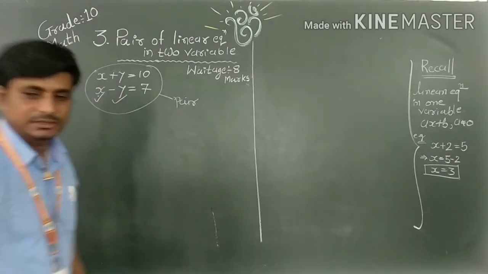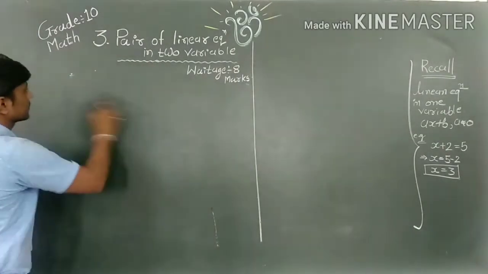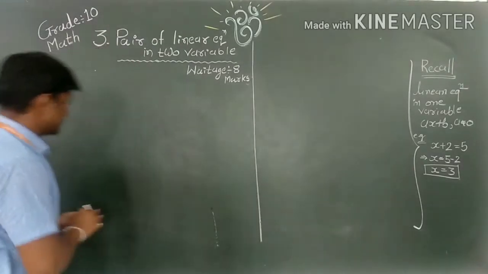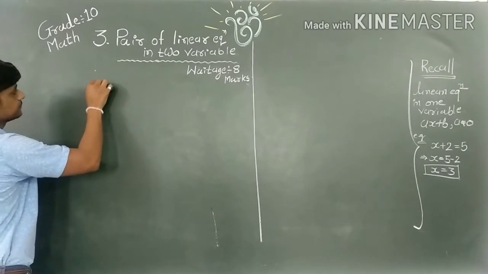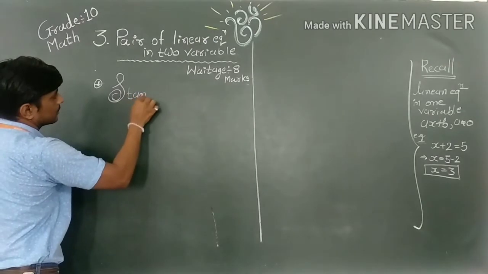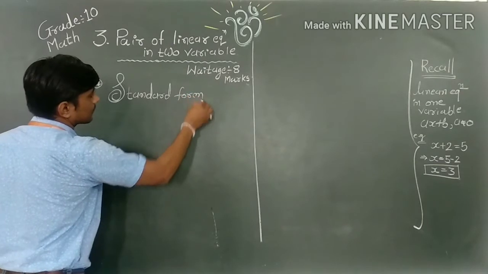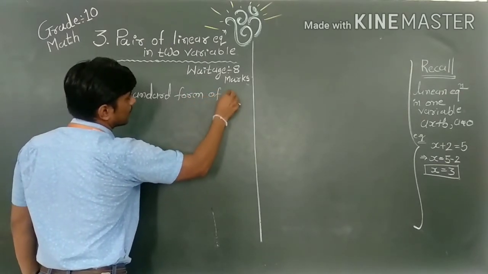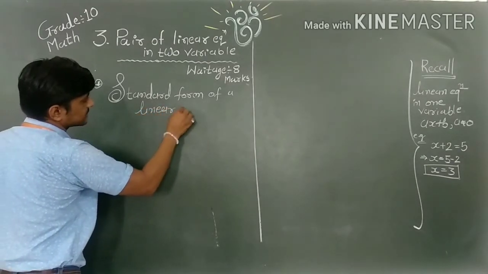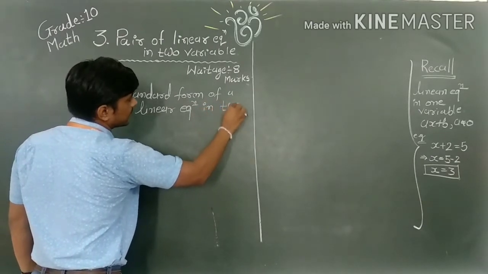Now I write the standard form of a linear equation in two variables.